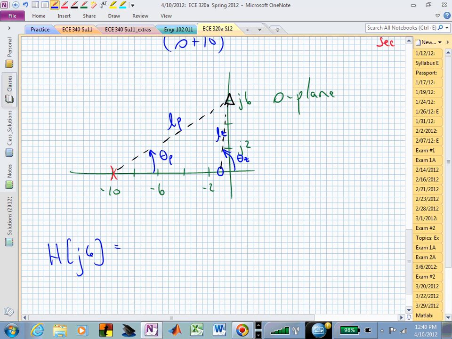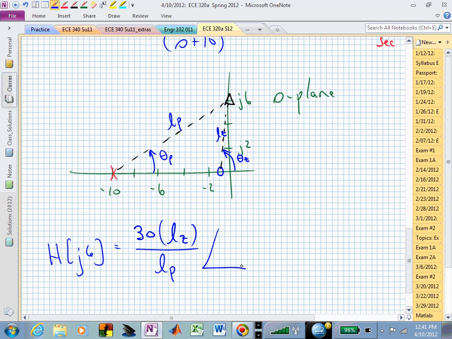I can scale that by the length from the 0 to j6 and divide by the distance from the pole to j6, and that's now the magnitude of my transfer function at that particular frequency, 6.